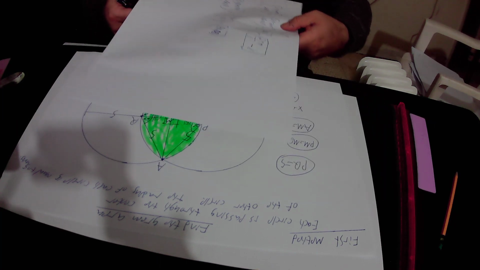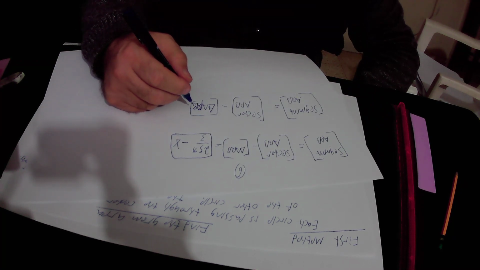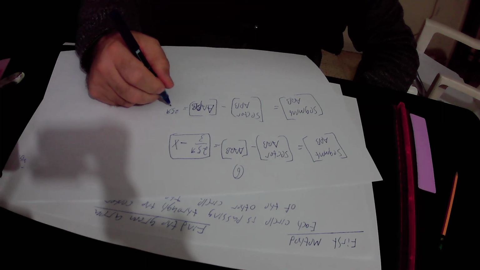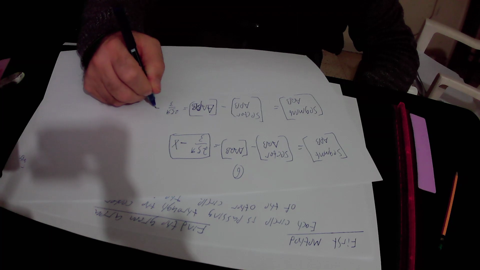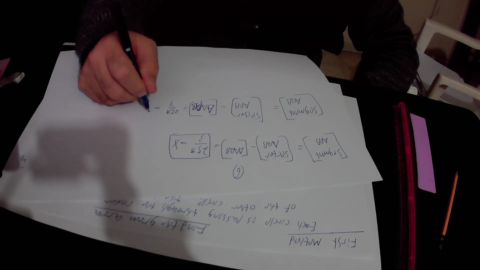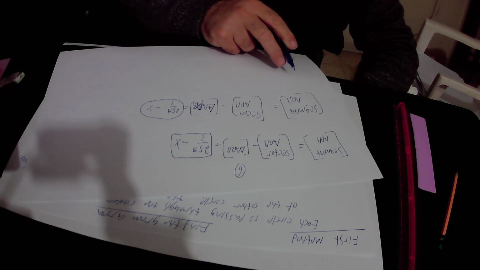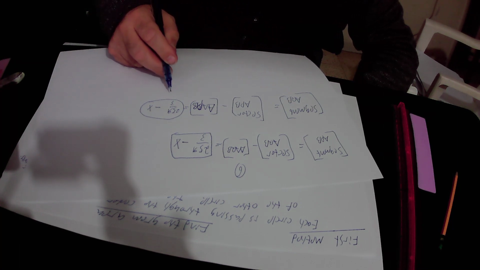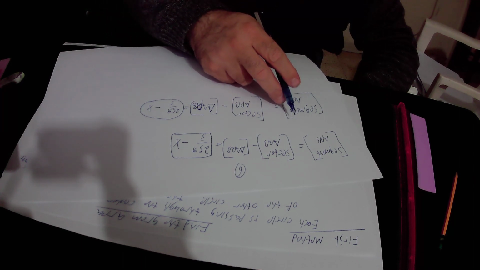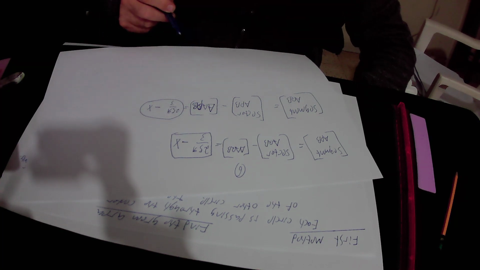But we have already found out that the area of sector APB equals 25 pi over 3 square units, and the area of triangle APB equals X. So we found out that the area of segment AQB equals 25 pi over 3 minus X square units, and the area of segment APB also equals 25 pi over 3 minus X square units.